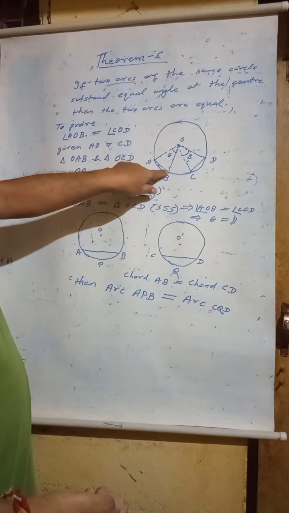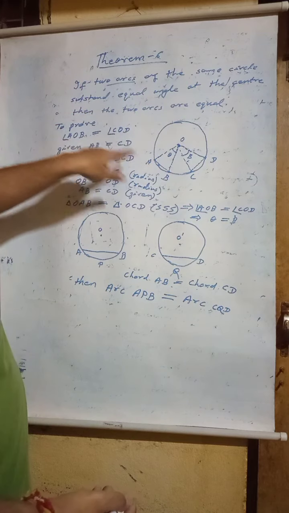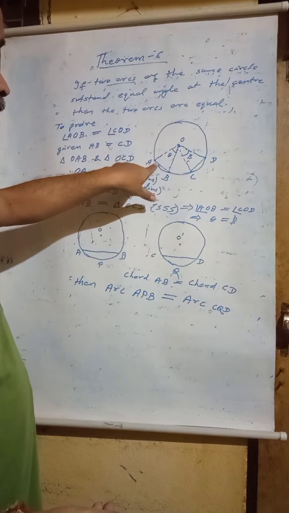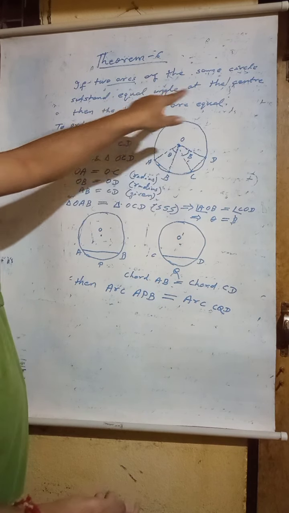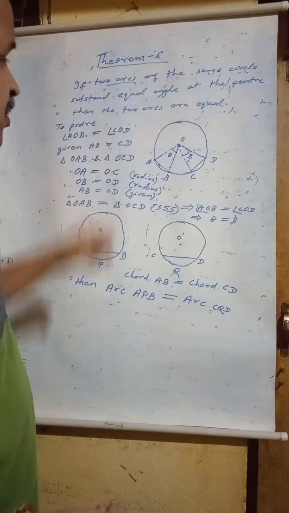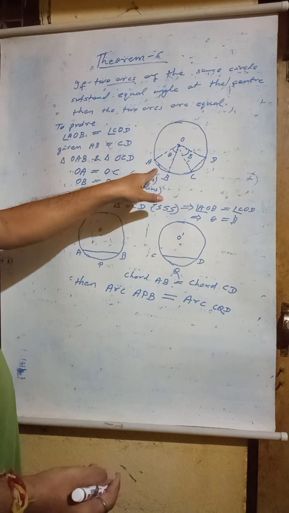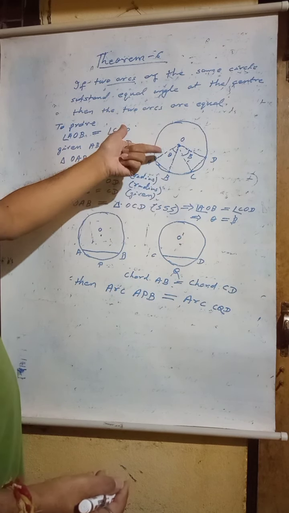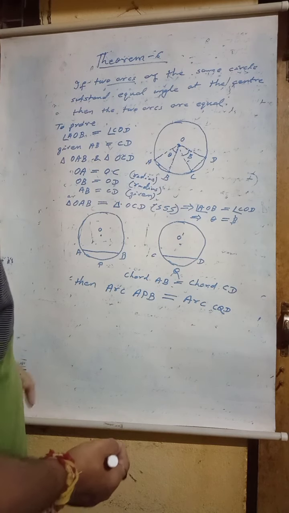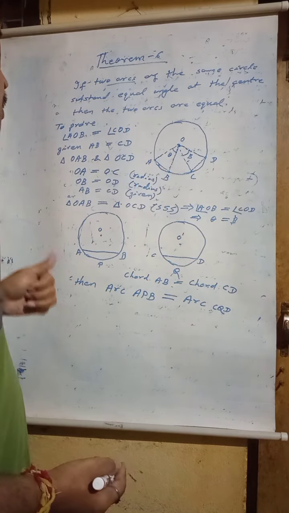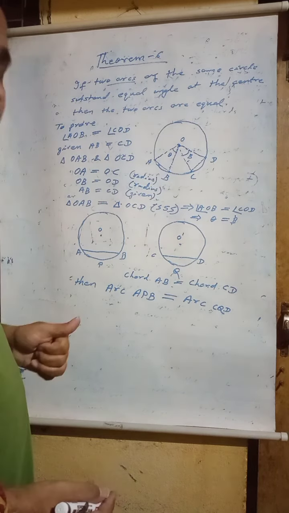Sorry. The theorem says that if two arcs of the same circle subtend equal angles at the center, then the arcs are equal.